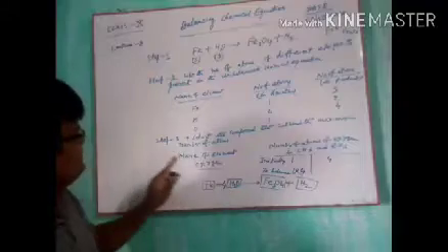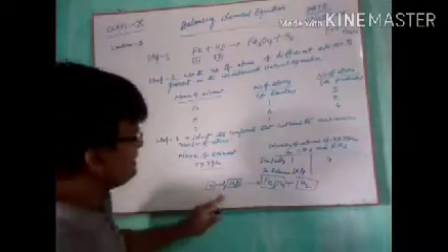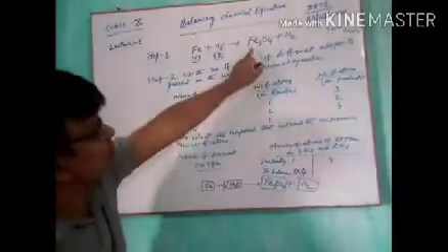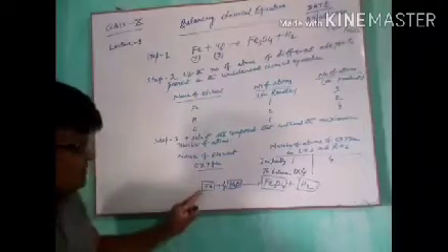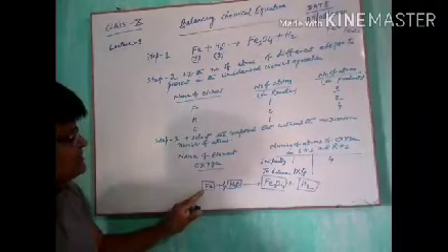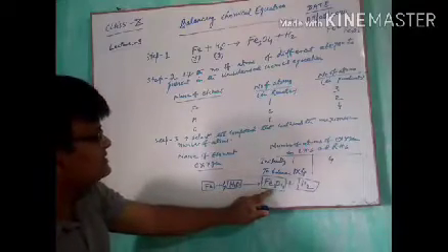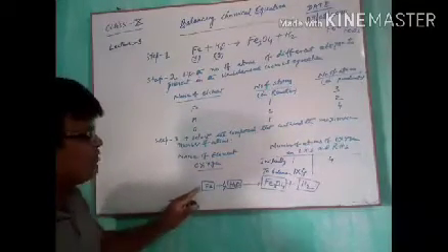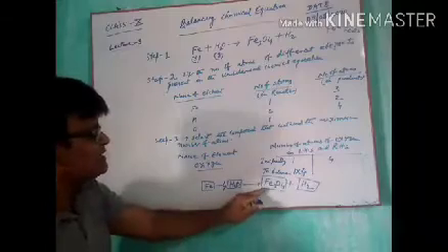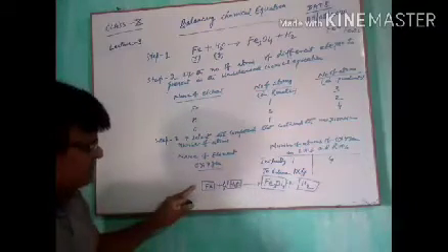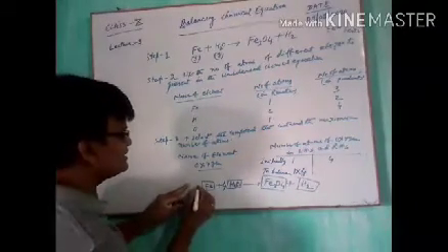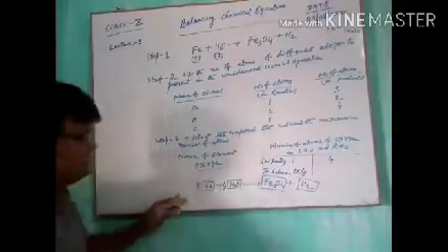Now in the fourth step we balance the second highest number of atoms, iron. Here in the reactant part the number of iron atoms is 1, in the product part 3. So to equate the number of iron atoms in the reactant part, we multiply iron by 3.